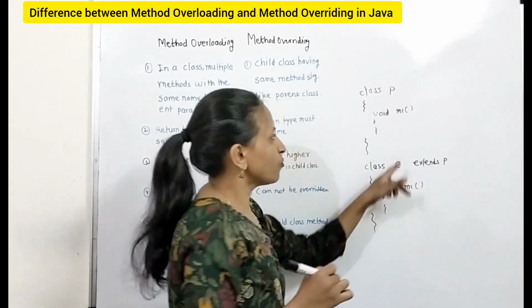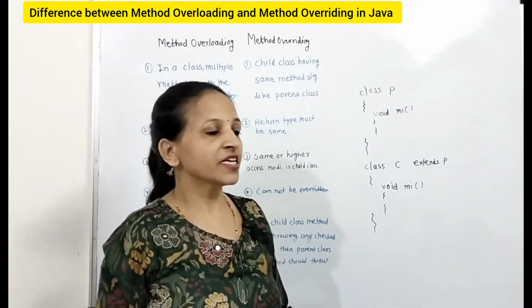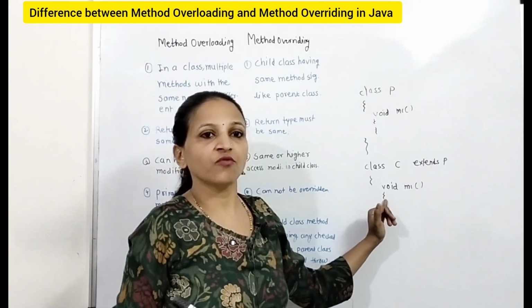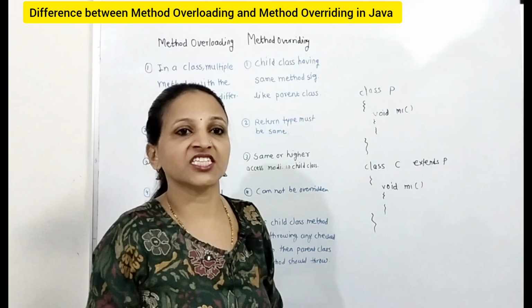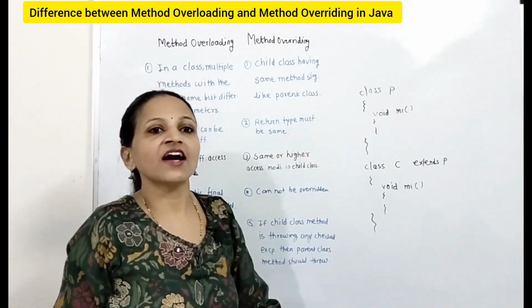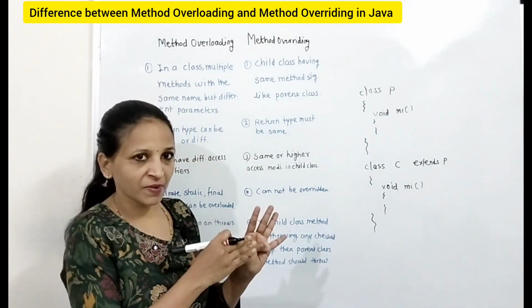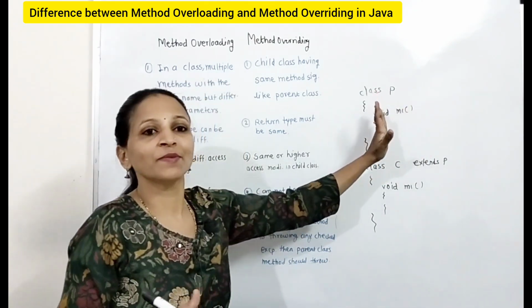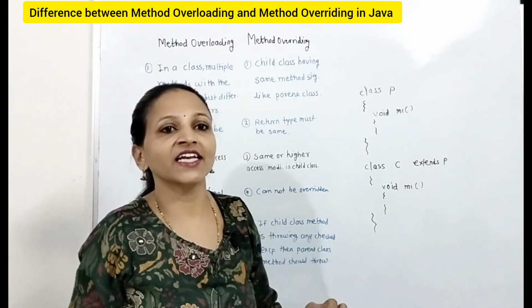Here this m1 is not taking any argument, and here again m1 is not taking an argument. The return type is void, the return type is void. Here the method signature and return type should match. If a parent class and child class both have the same method, meaning the same method signature, the same method name, same arguments and same return type, then that is the concept of method overriding.